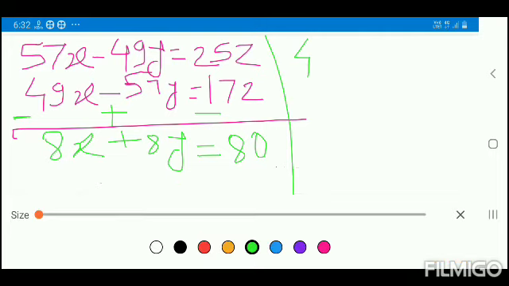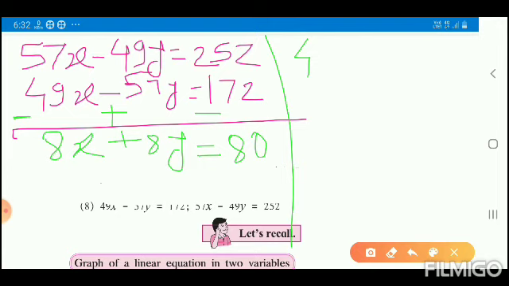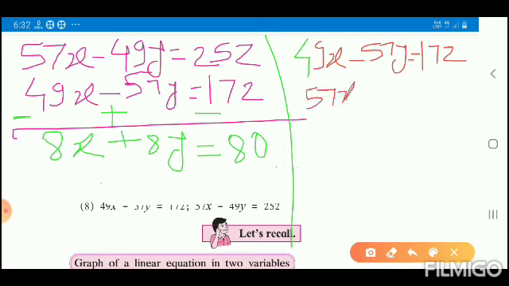Now see here, we will get that 49x minus 57y is equal to 172. Then second equation is 57x minus 49y is equal to 252.